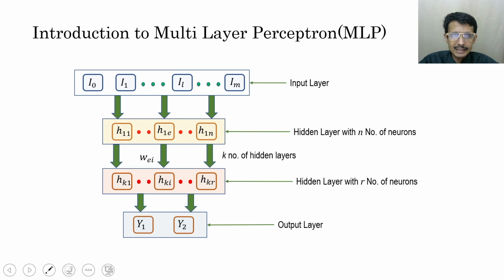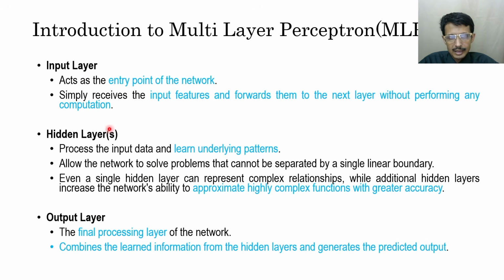So it basically takes the inputs and forwards them to the next layer. No computation is done. Second comes the hidden layer. It processes the input data and learns underlying patterns.